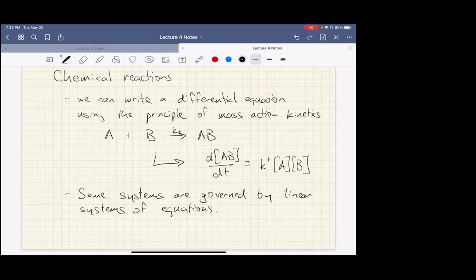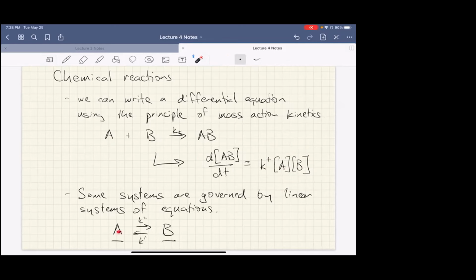And generally speaking, in order to have a linear system of equations, each reaction can have at most one component. That is because if you look over here, this is the product of A and B. There's two components here. If your system of equations includes both A and B, then this product ends up being nonlinear.